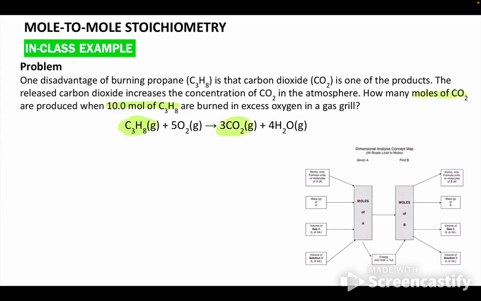Just like we've done with the mole conversion, we're going to start with our given number, which is propane, 10 moles. And I definitely recommend that you write the substance, because one of the things that can get confusing is just keeping track of which thing you're talking about.